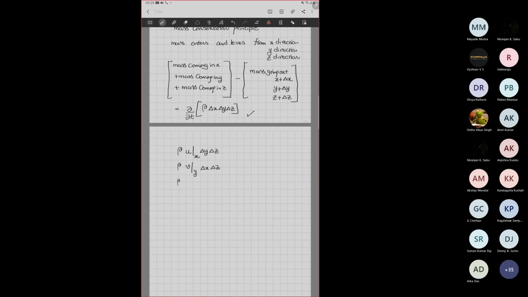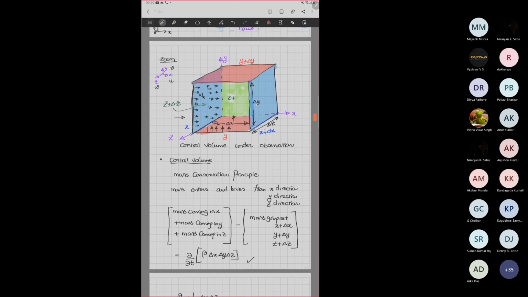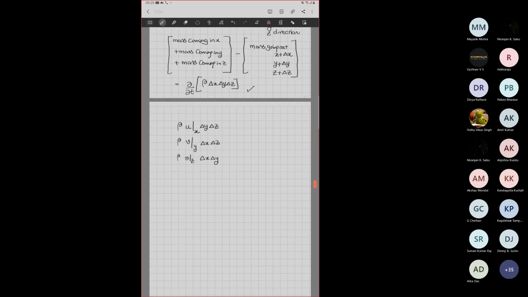Similarly, the mass which enters in the z direction is rho v at z, delta x multiplied by delta y. Let us look back: the z direction is from the backward direction. Some fluid is coming into the system at each and every location, so rho multiplied by the velocity with which it is coming in and the area from which it is coming into the system. That is your delta x, delta y.